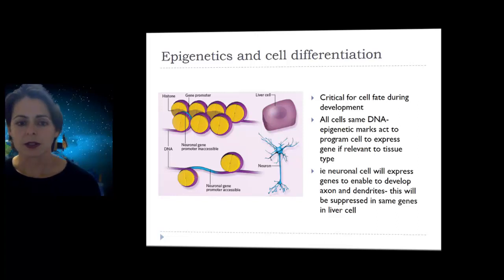So a key way in which genes are switched on or off, specific to where they're going to differentiate, is through epigenetic mechanisms. For example, the gene that's important for differentiating a cell into a neuronal type of cell will be hidden and suppressed in the liver, but it'll be nice and active so it can get switched on in the brain, where you want it to differentiate into neurons.